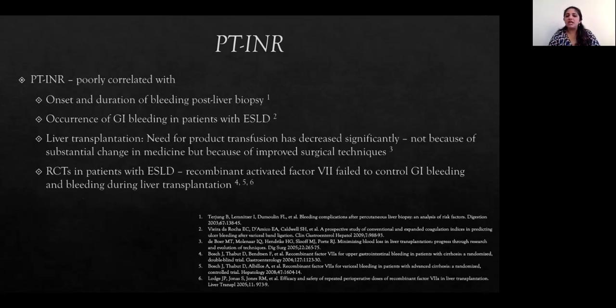The other thing is, all of this data came from adults, and that is just important to know.